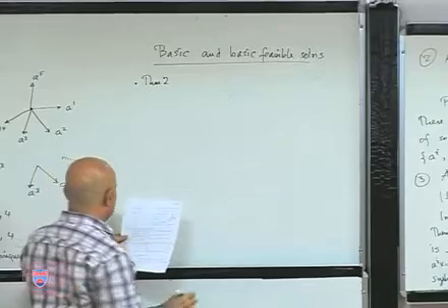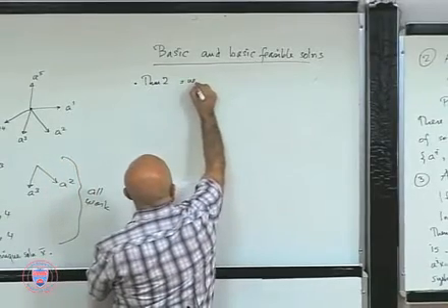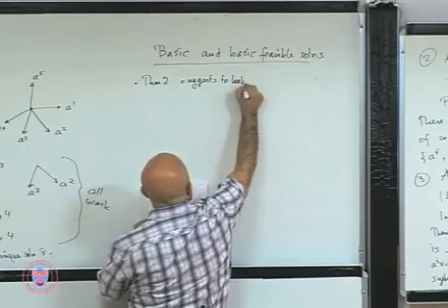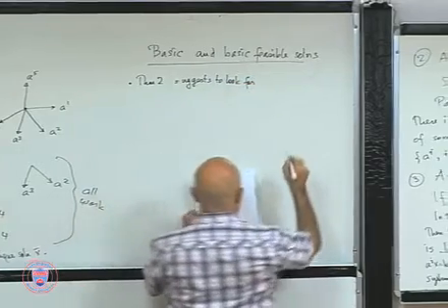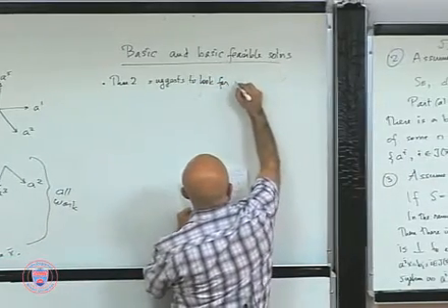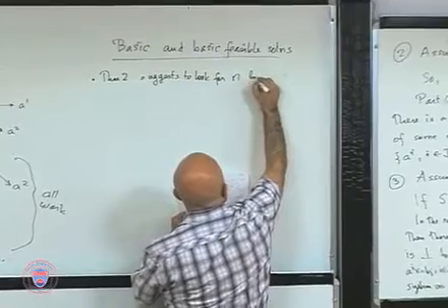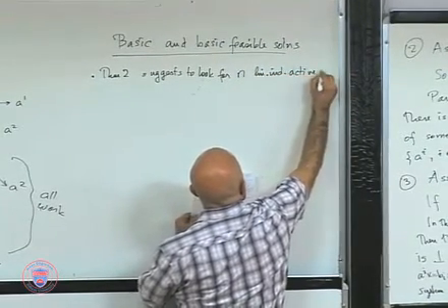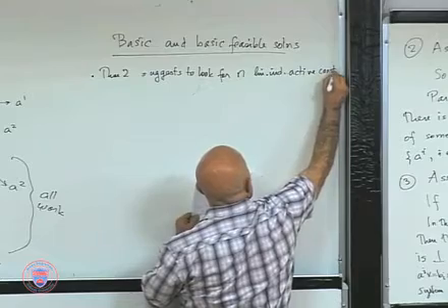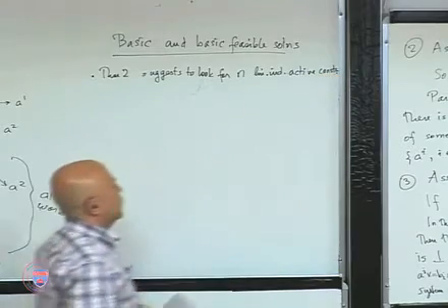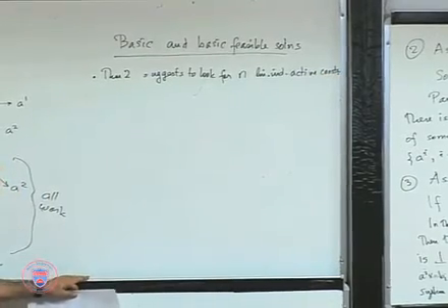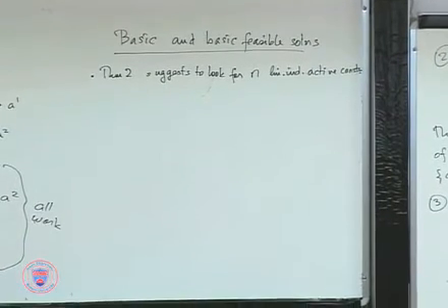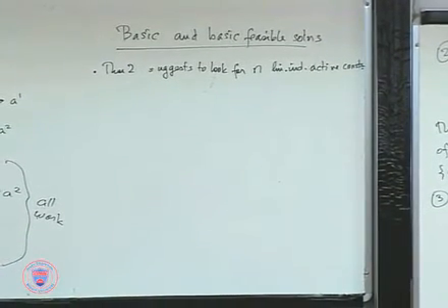Theorem number 2 suggests to look for n linearly independent active constraints. Active constraints, not constants, but constraints. Once I write constraints like that, somebody interpreted that later as constants.